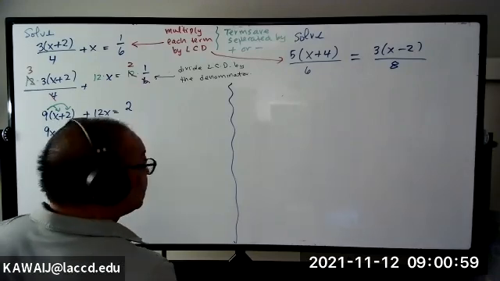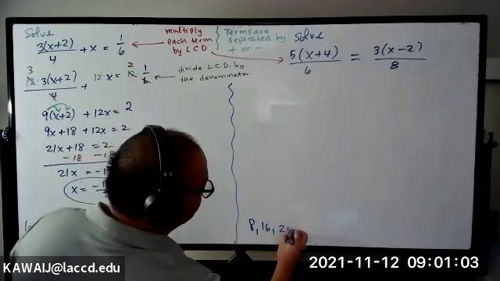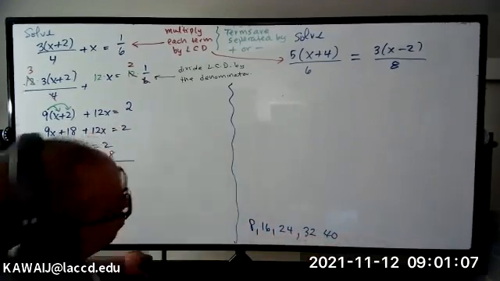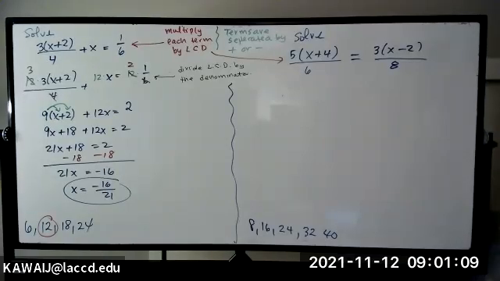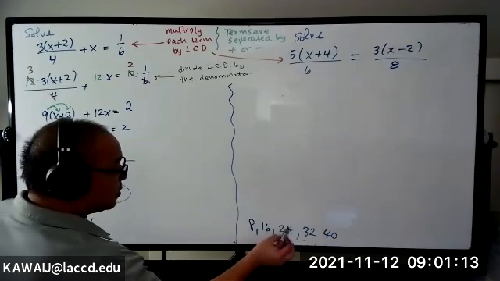We're going to go, 8 is the biggest number. 8, 16, 24, 32, 40. And I go, which is the smallest number that 6 divides into? It's 24.